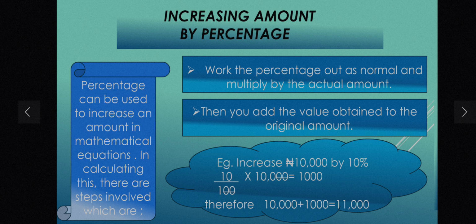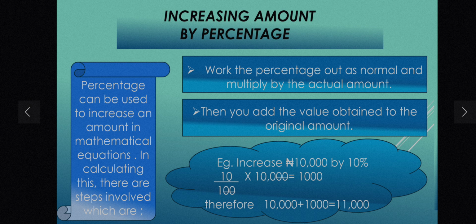The actual amount given here is what? 10,000 naira. So it's going to be 10 over 100 times 10,000 naira. You can see that the 2 zeros of 100 cancel the 2 zeros of 10,000. That leaves us with 100 times what? 10. So the amount we obtained is what? 1,000.